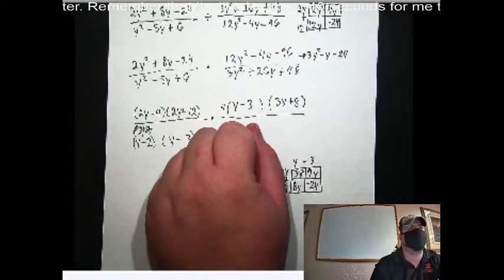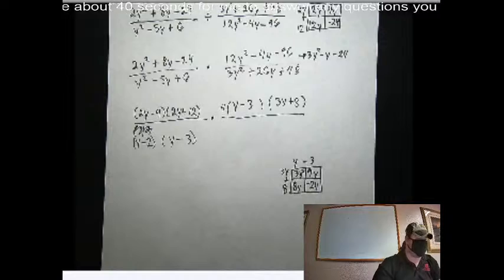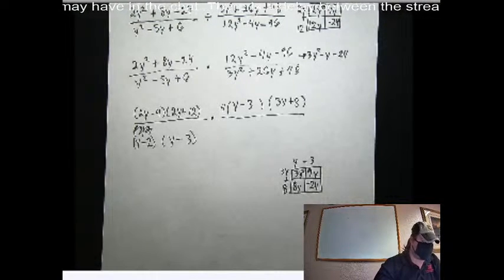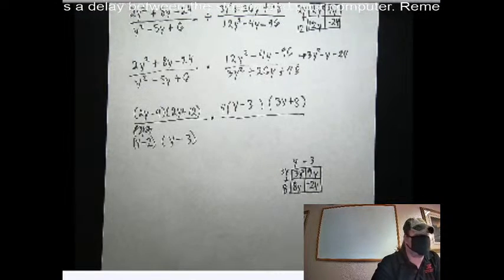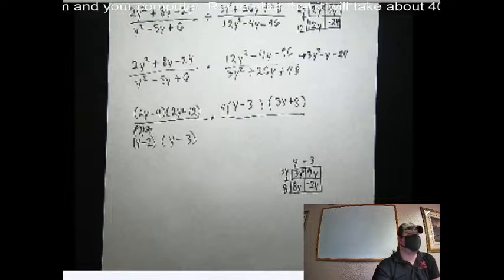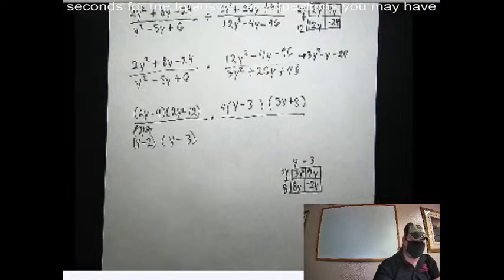No. So, yeah, that's not going to work for us. Unfortunately, 48 will divide by 3. It's just that 26 that's given us a problem here. Okay, so let's see. 48 times 3 for our AC is 144. So we need factors of 144 that will give us 26. Well, 12 times 12 is in there, but that'll give us 24 when we add them. So what else might give us 144?